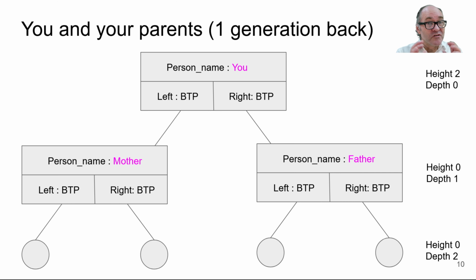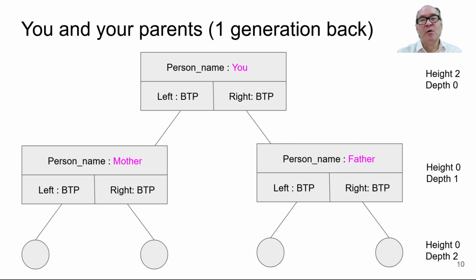Okay? As a little exercise, you might want to take a pause right now, hit the pause button, get out a piece of paper, and just draw a binary tree of people that represents your ancestry going back 2 generations. And fill in your own name. Fill in your biological mother's name, your biological father's name, and for each of them, fill in their biological mother and father's names.